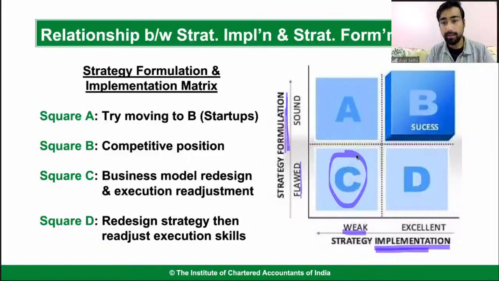What will happen? I understood it will be C. But what will be the condition of the business? Whether it will be successful, whether it will not be successful, it will be in a problematic situation, there will be losses, what will happen with the business? If your formulation is flawed and your implementation is weak, what will happen with your business? I know it is going to be C, but what happens in C? What will be the condition of the business when it is in situation C?